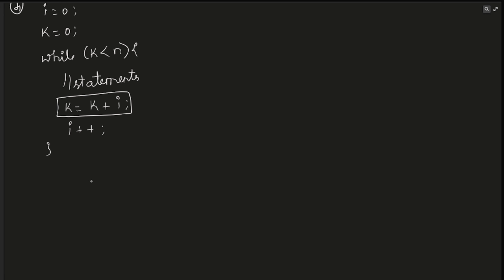Let us dry run this while loop. We'll have the value of i here and then the update statement for k.